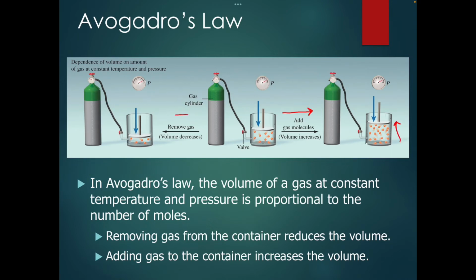If we decrease the number of gas molecules, you'll see that the volume goes down. All right? So again, I would just think about it like blowing up a balloon. I think that's the easiest way to relate this.